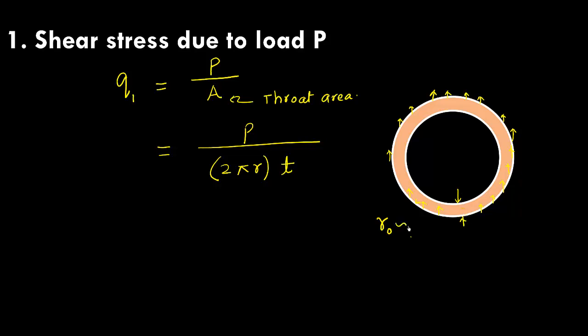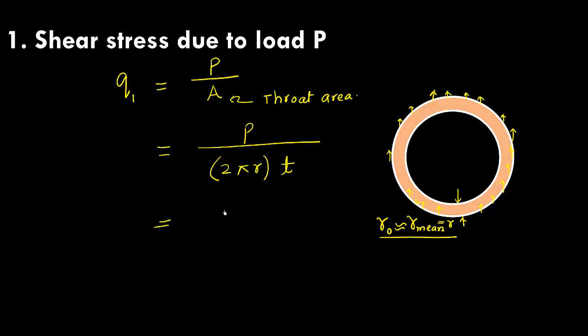So we can say the outer radius is approximately equal to the mean radius, that is RM, and I can write this is equal to R. So we can take this formulation.